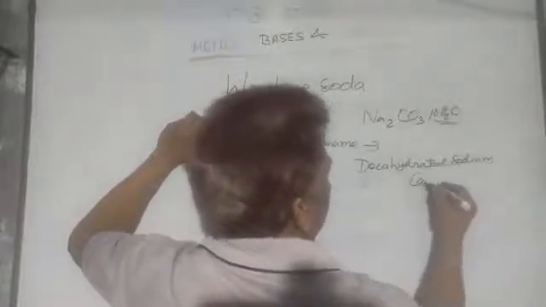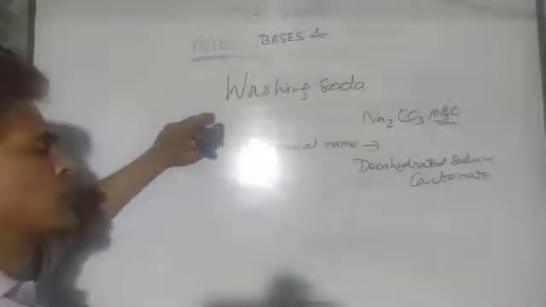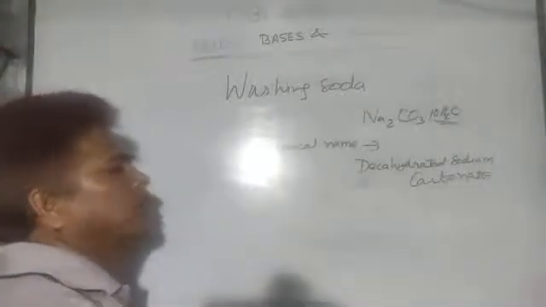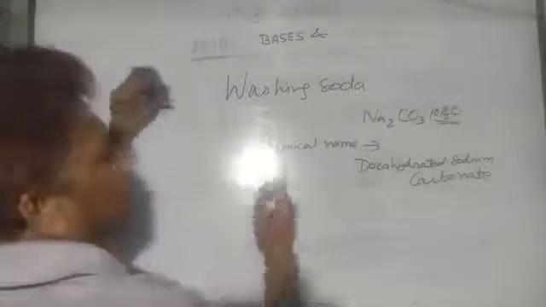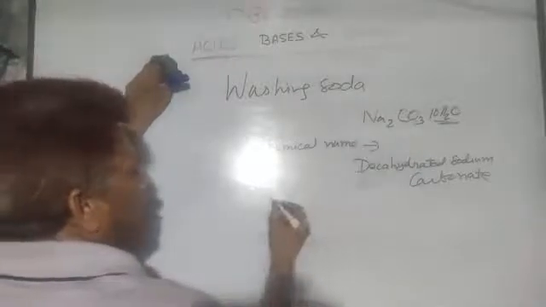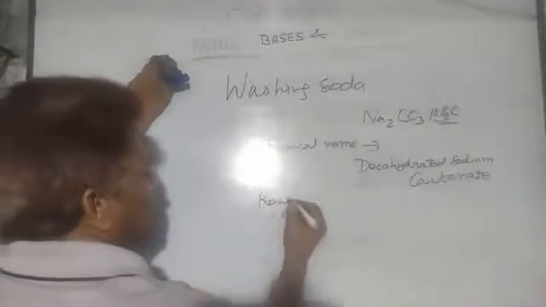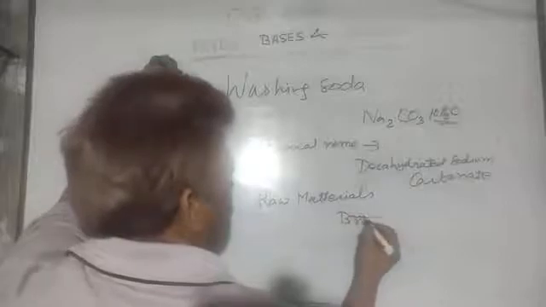So how is washing soda prepared commercially, means how it is manufactured. The raw materials for washing soda you can write here: brine solution.